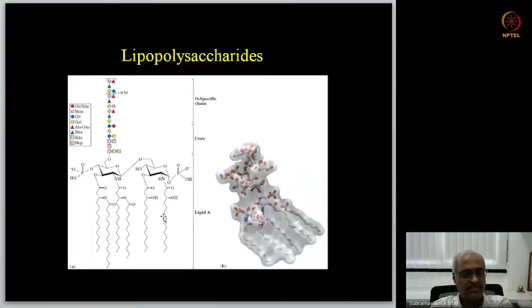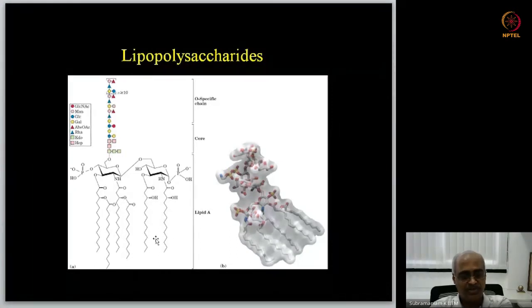If you count, there are 6 of them attached to 2 N-acetyl glucosamines, and one of them has a long chain of polysaccharides. This is where the name polysaccharide comes from, and this is the lipopolysaccharide.